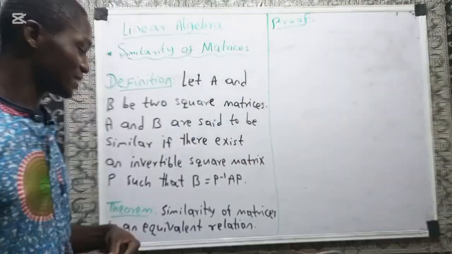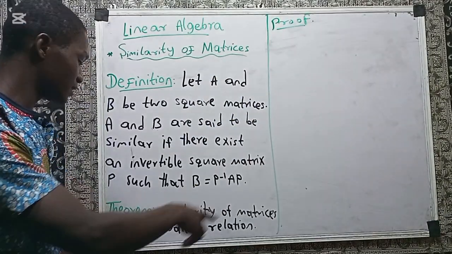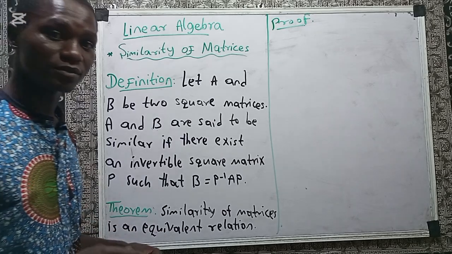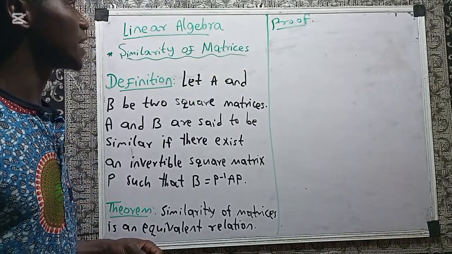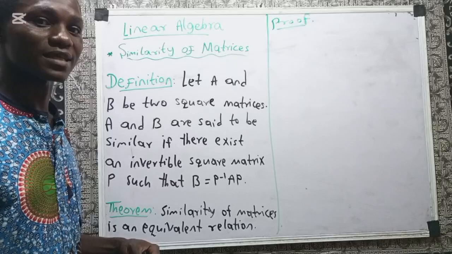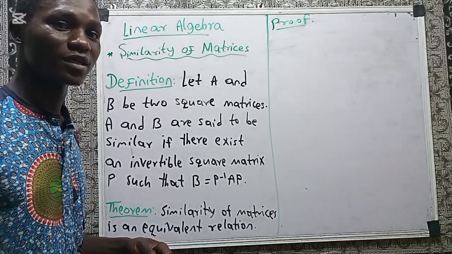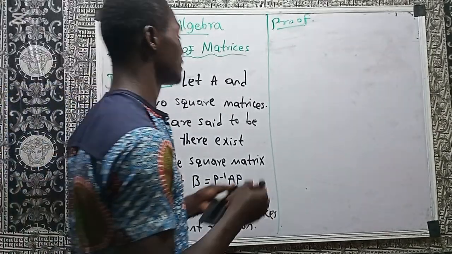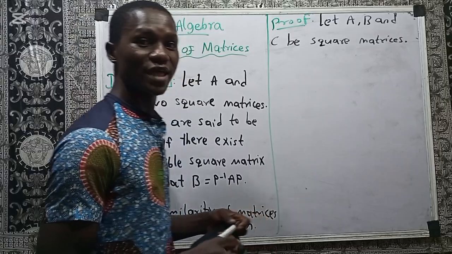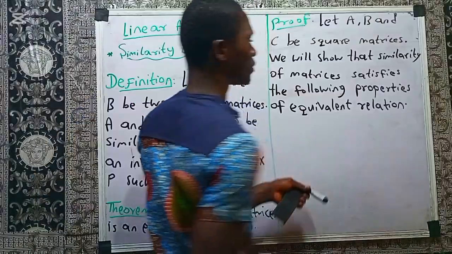Now, to prove that similarity of matrices is an equivalent relation, we must show that similarity of matrices satisfies the properties of an equivalent relation. Let's write something first. So let A, B, and C be square matrices.